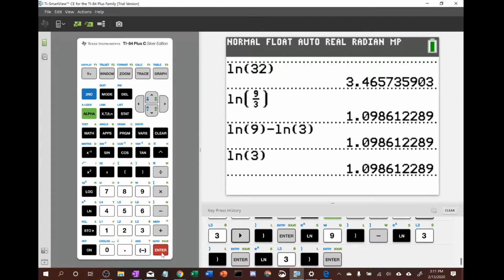Where this becomes a little bit more complicated is when the fraction contains letters. All right. Then what would you do? What if there was more than one letter?